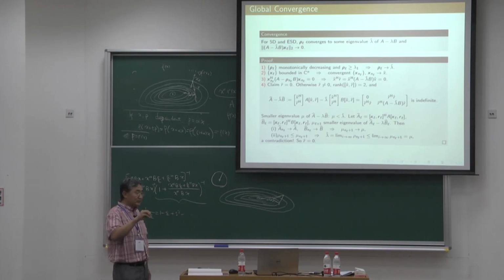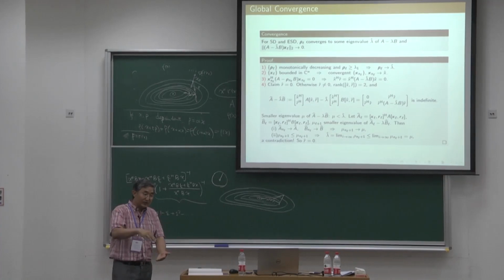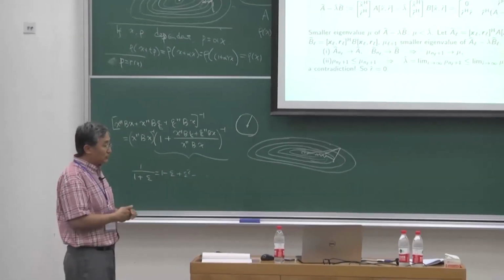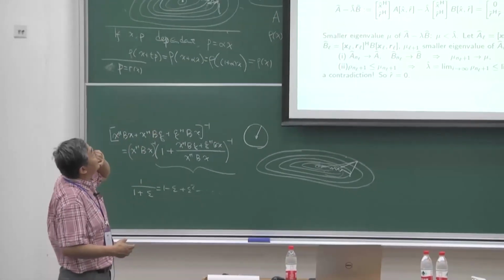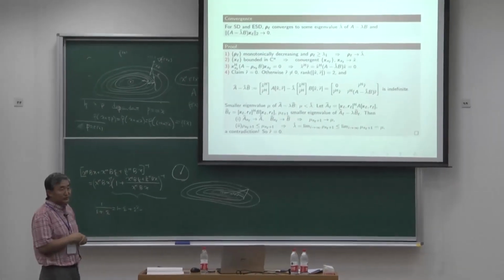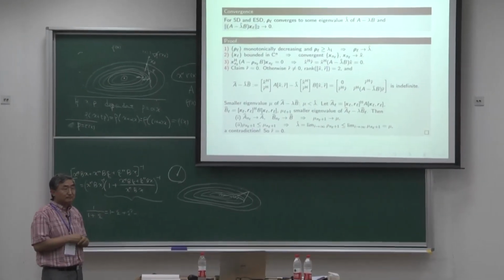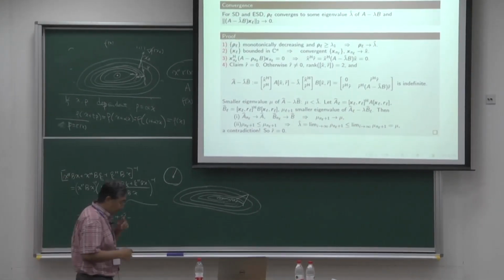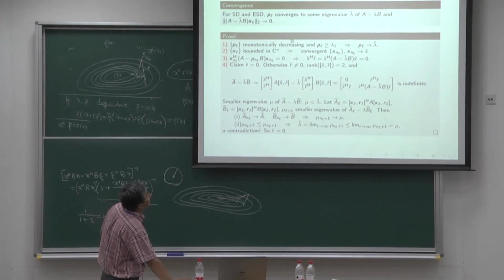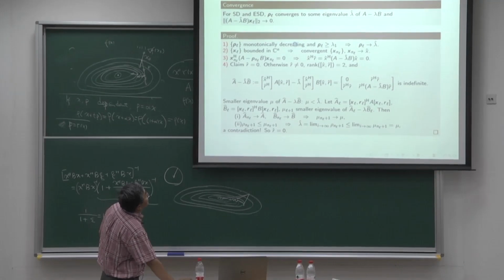So rho goes down with a lower bound, so it is going to converge. That's for sure. And another thing is that the residual also goes to 0.